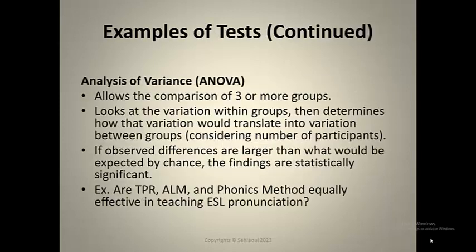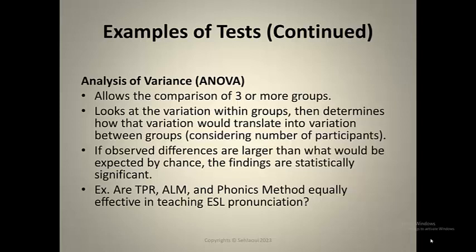All right. Another example of parametric tests would be analysis of variance, which is ANOVA. And this test allows the comparison of three or more groups. It looks at the variation within groups, then determines how the variation would translate into variation between groups, considering the number of participants.